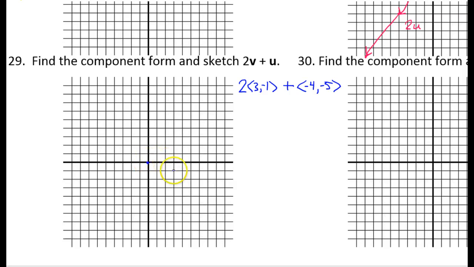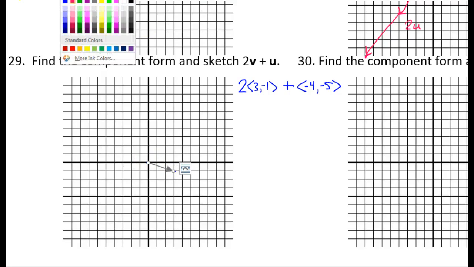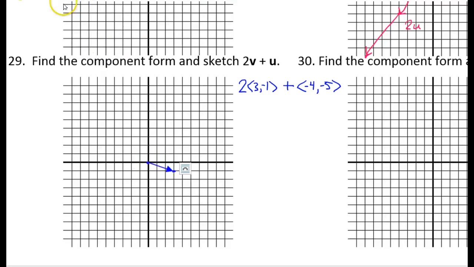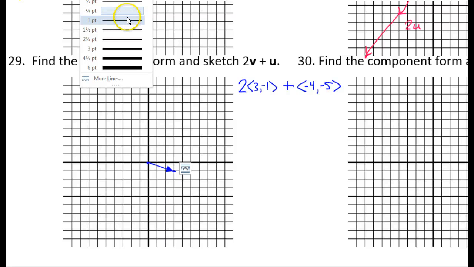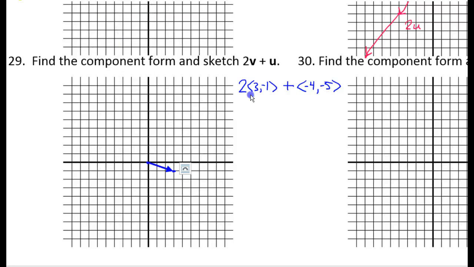Okay, 3, -1. Right, so here is a vector v. Okay, so 2 of them would look like this.